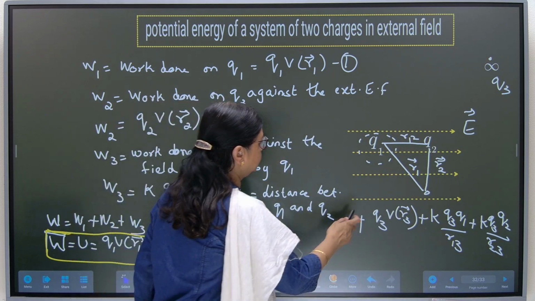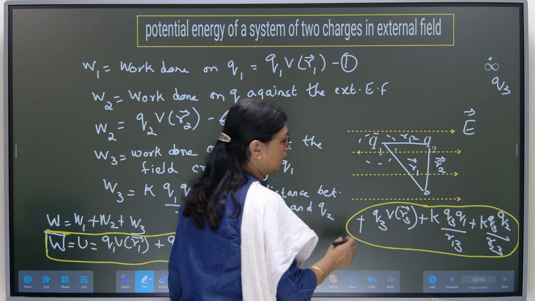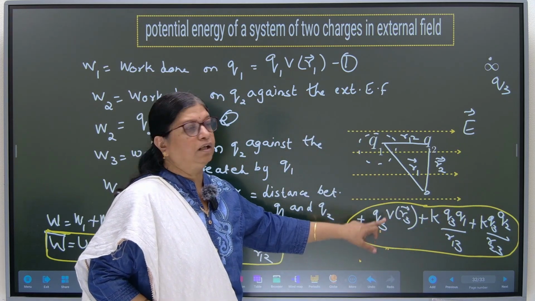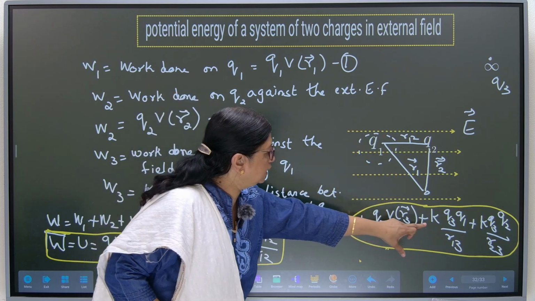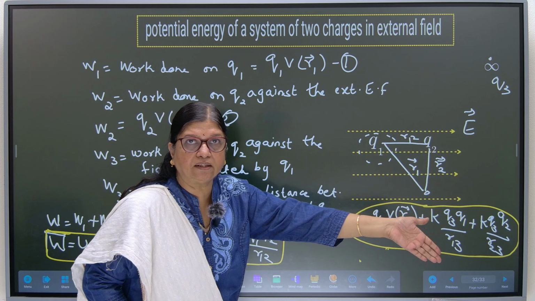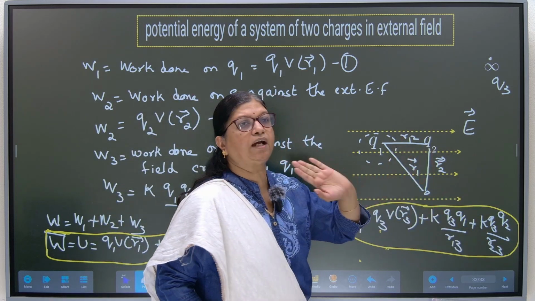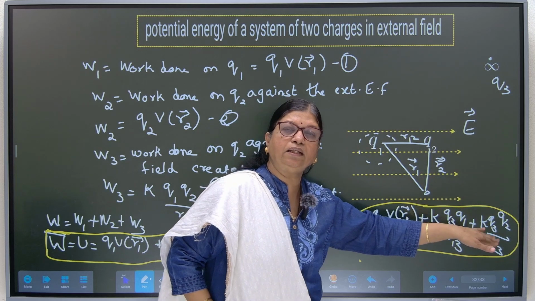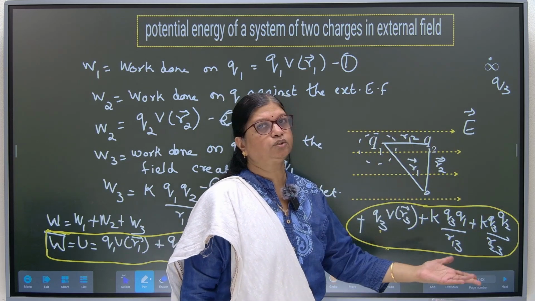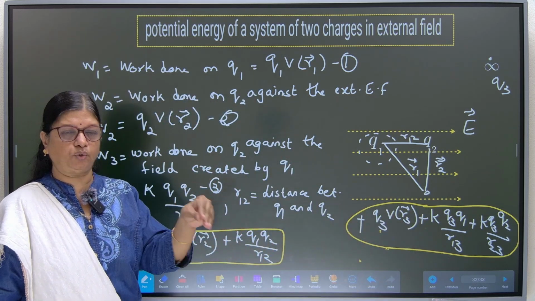These 3 terms I will add here. What is this? Work done on Q3 against the external field. Work done on Q3 due to the Q1 charge field. Work done on Q3 due to the charge Q2 in the field. Agreed? Okay.